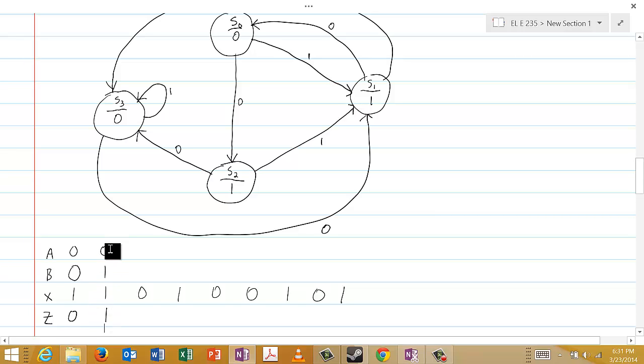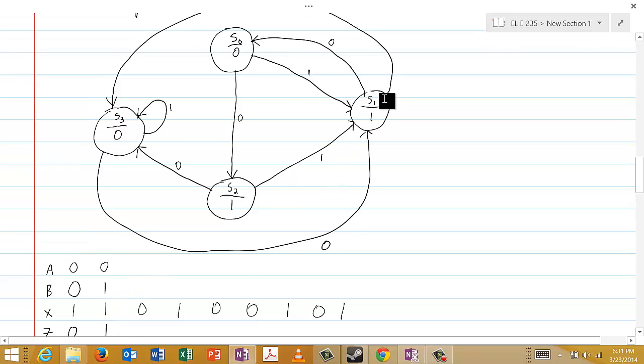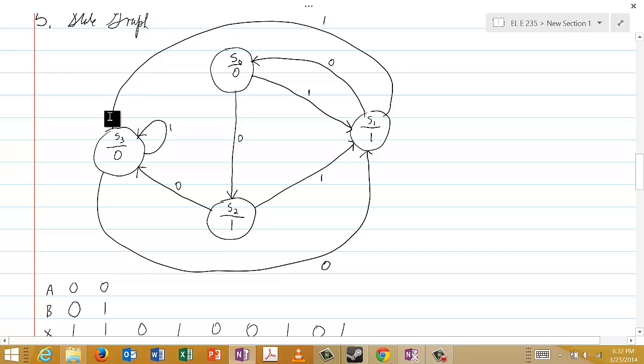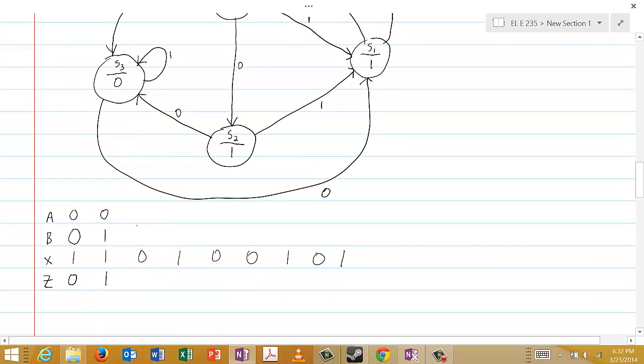Now, we're in S1, and the next input we get is 1. So if we're in S1 and we get an input of 1, we go to S3, which is 1, 1. And in S3, the output is always 0.